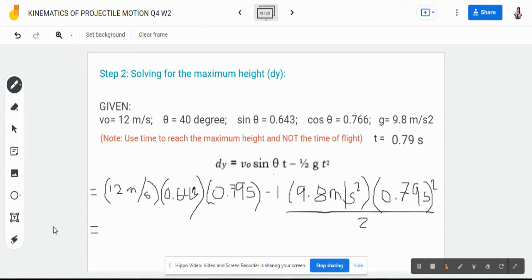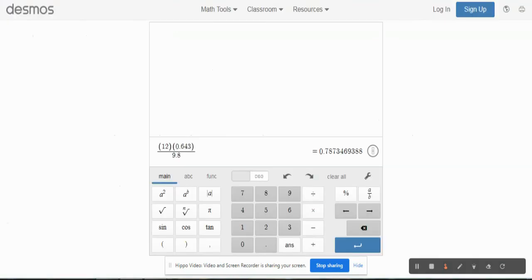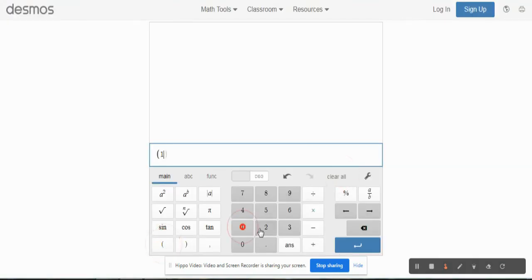So, perform natin. Multiply natin muna itong una. Ito, multiply natin itong unang tatlo. So, 12 times 0.643, and times natin siya by 0.79 seconds, which is the time to reach the maximum height.